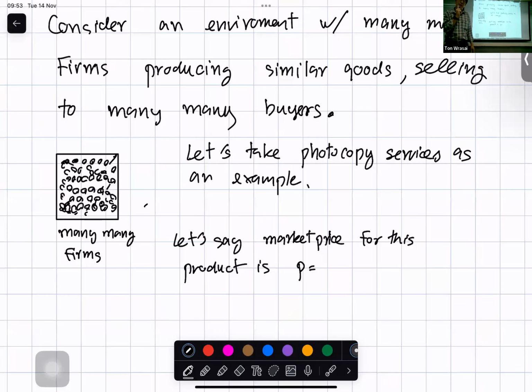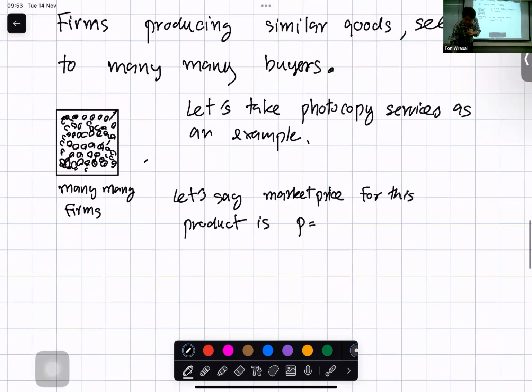But I will take you to this example, let's say 10 years ago, when we had a lot of photocopy shops around this campus, in campus, off campus, across the river. And the market price is still the same as today, 50 satang per page, 0.50 baht per page, 50 สตางค์.